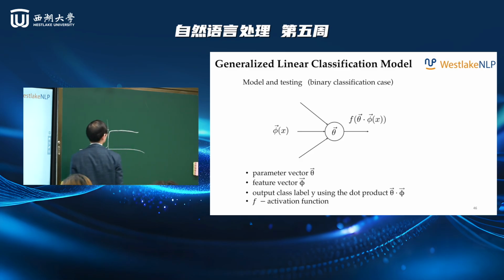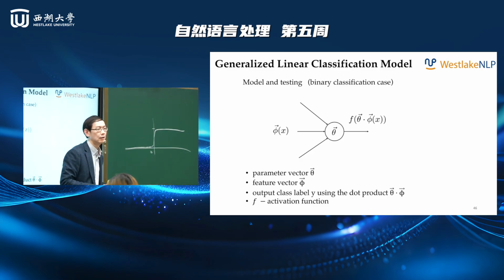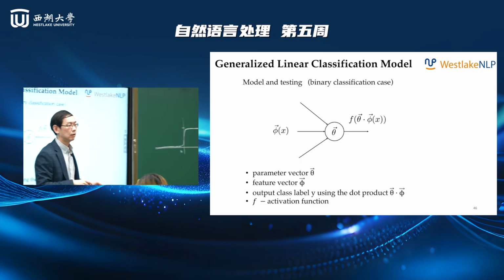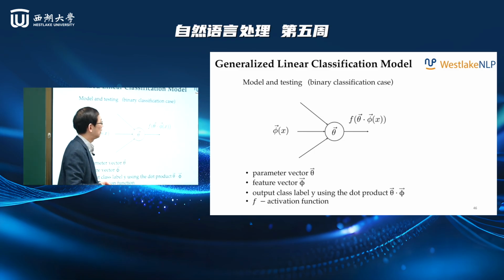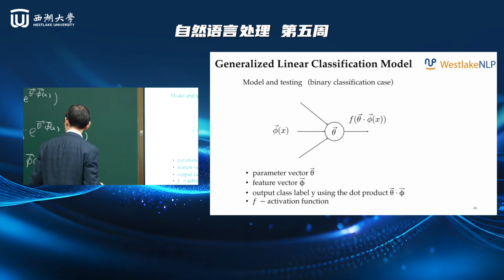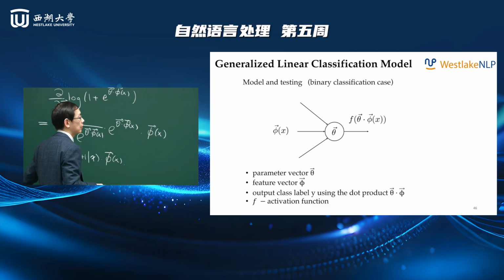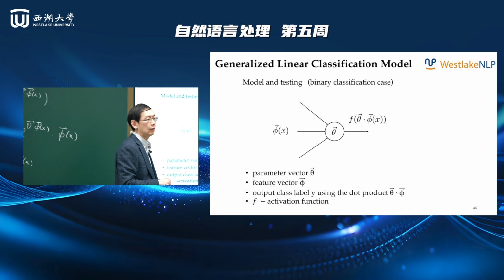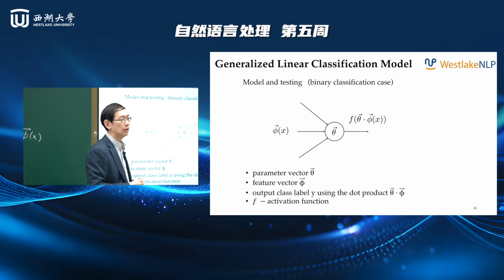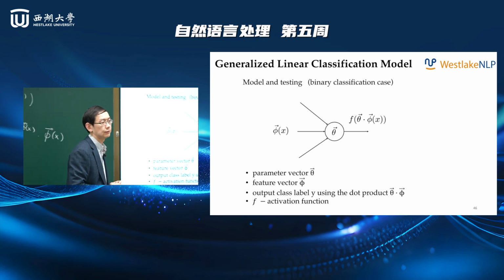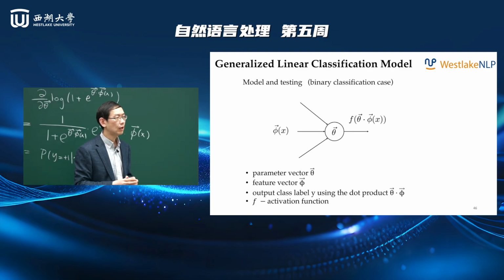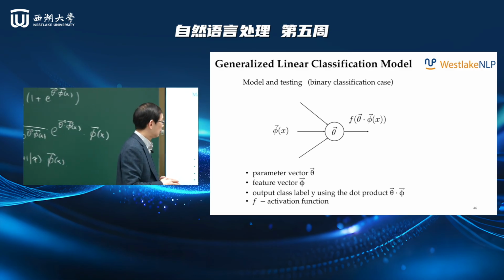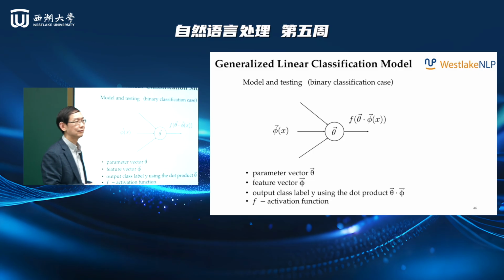It doesn't stay close to 0.5 for much range. So this is like activation, and as a result, the sigmoid function is called an activation function. And we call this a neuron.